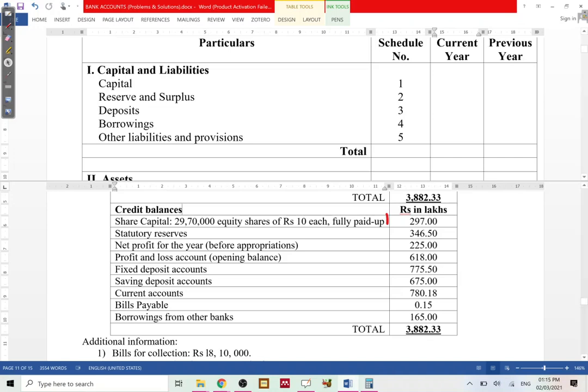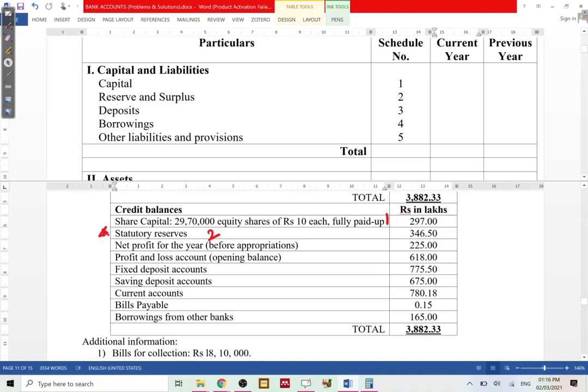Okay, and that will go under your reserves and surplus. Of course, current year's statutory reserve transfer, we are going to calculate it. So I'll just put an asterisk here, so we know we have to calculate an adjustment.